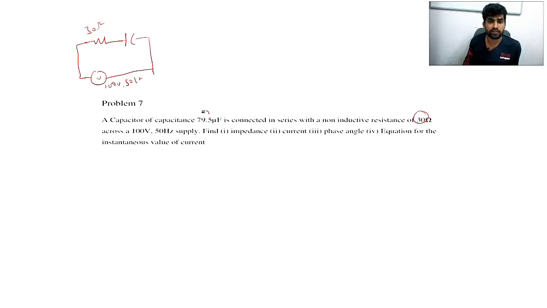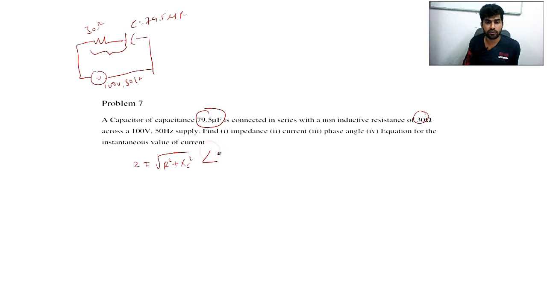And then what about C value? 79.5 microfarad, right? So we need to find impedance Z. What is the formula for Z? Z is equal to root of R square plus X square, as a magnitude.